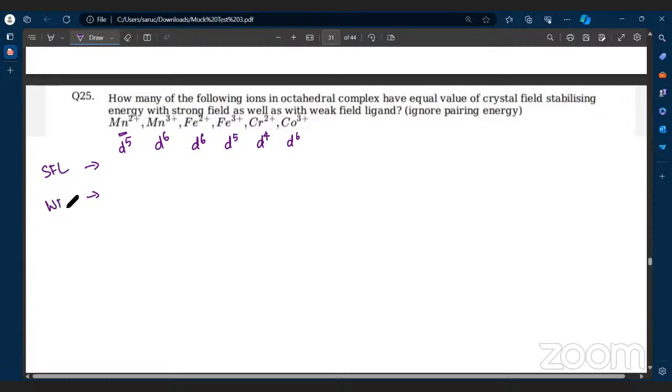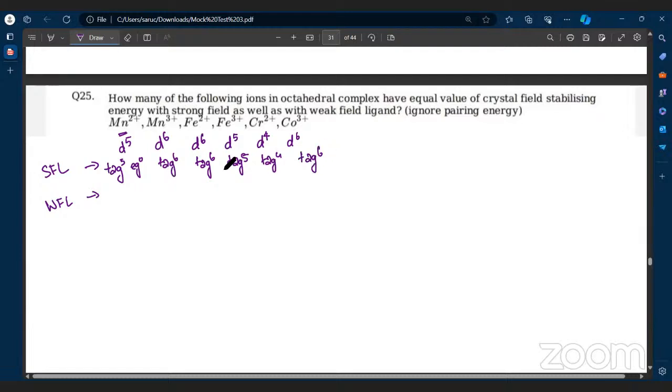So here it will be t2g5 eg0. Here it is t2g6, t2g6, t2g5, t2g4. The pairing takes place, right?